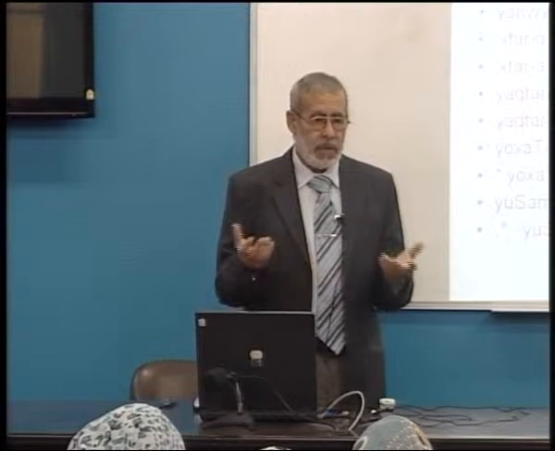This relies on the lexical entry of the verb, the lexical capacity of the verb. Okay? So it either accepts infinitive, or gerund, or it may accept both. So it depends on the lexical capacity.